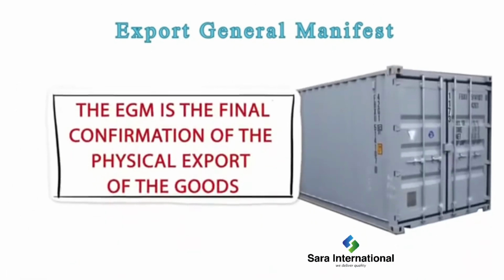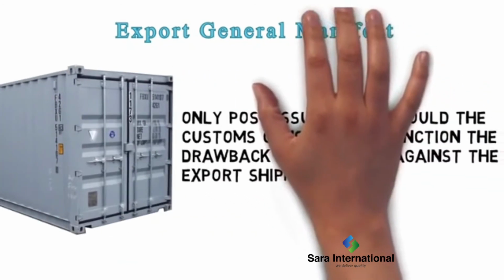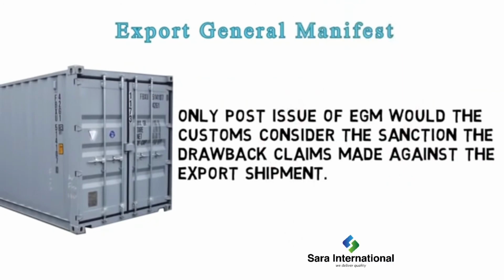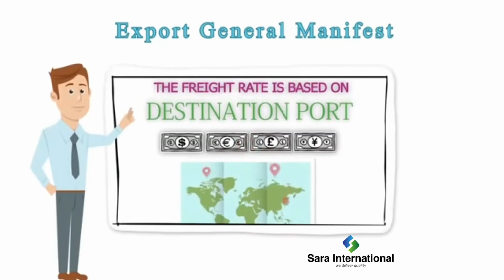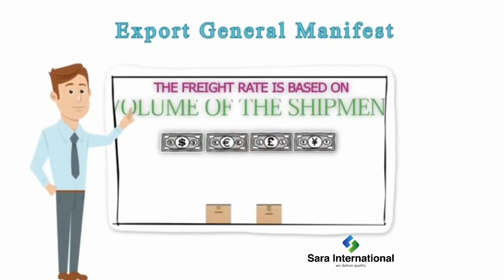The EGM is the final confirmation of the physical export of the goods. Only post-issue of EGM would the customs consider the sanction of the drawback claims made against the export shipment. We will discuss drawback claims in further videos.